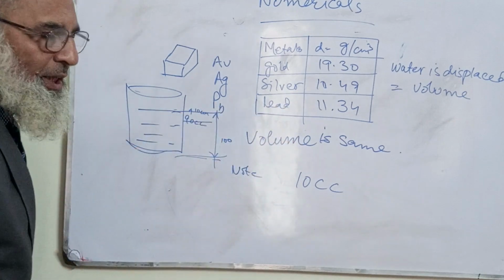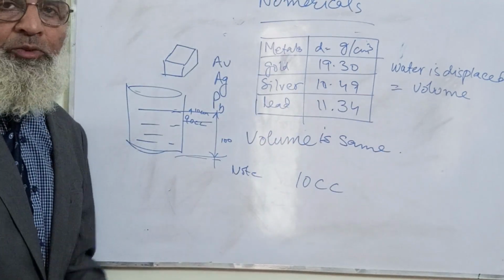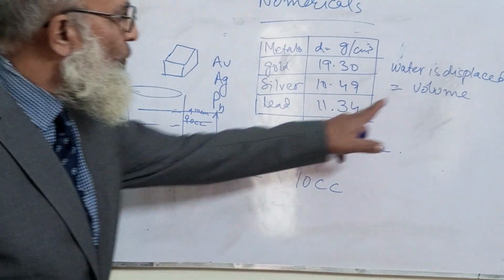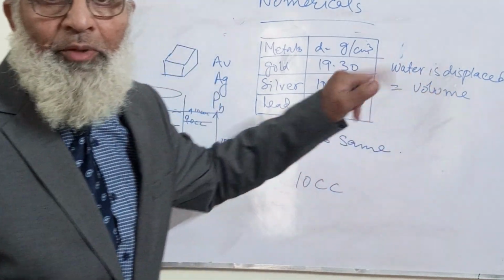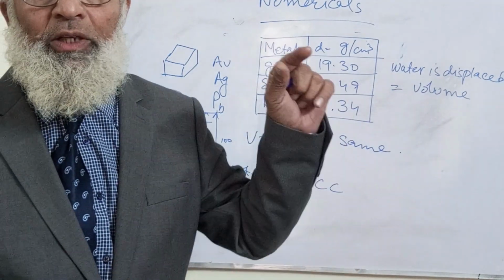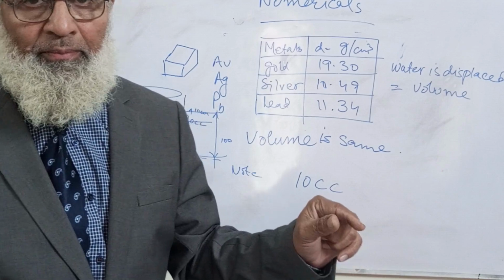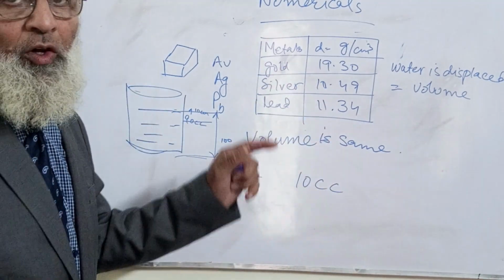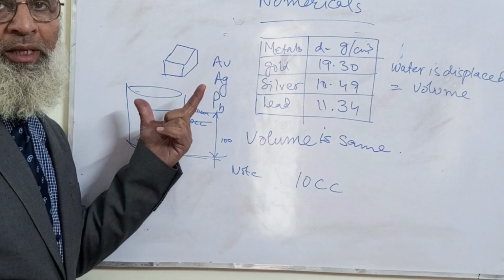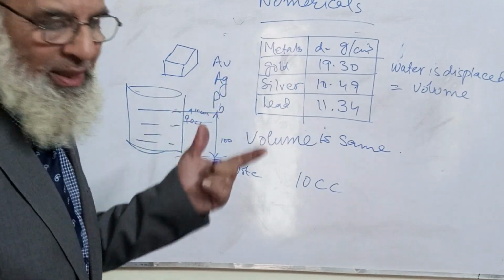Drop lead, note the reading. You'll see that all readings will be the same because the volume is the same. In this question, the condition is given that the volume of all the cubes is the same. When the volume of all the cubes is the same, the rise in water will be the same.